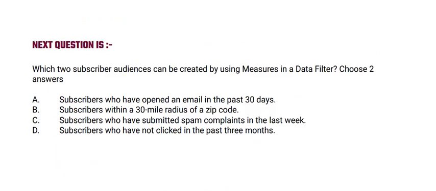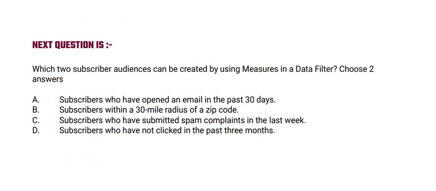Next question is, which two subscriber audiences can be created by using measures in a data filter? Choose two options. And the options are: Option A, subscribers who have opened an email in the past 30 days.